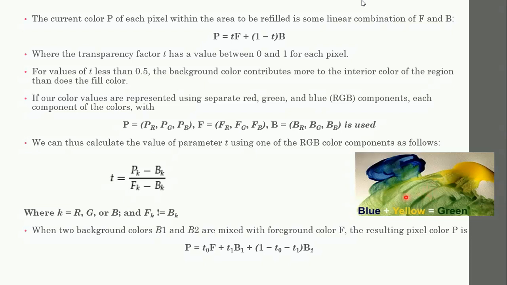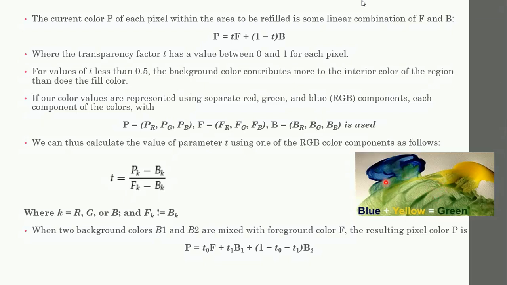When the transparency factor is less than 0.5, your background color will be shown more. That means the contribution of blue color will be more if your T is less than 0.5, and there will be less amount of yellow color.